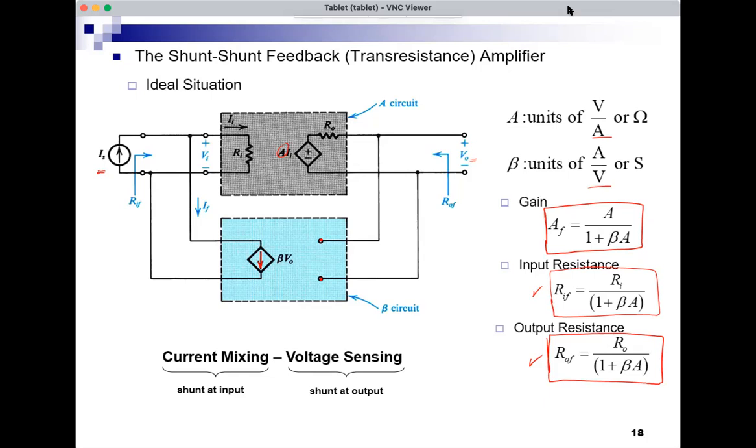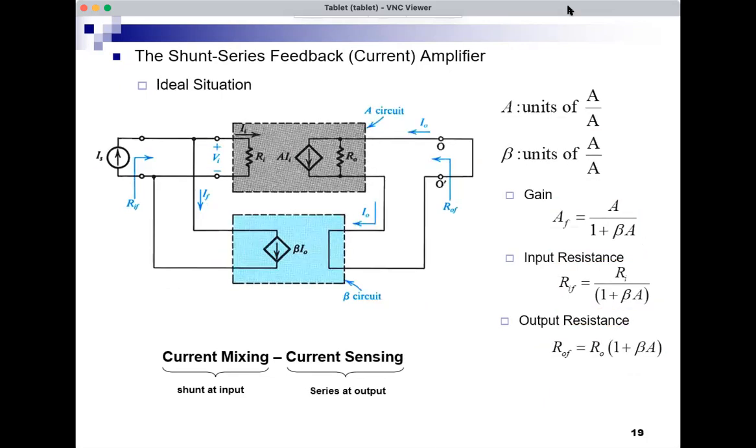The fourth type is the current amplifier, where the input is a current and the output is a current. So A and beta in this case have units of amp per amp. And again, we can show that the gain is reduced. It becomes the original over 1 plus beta A. And this 1 plus beta A divides the input resistance, but multiplies the output resistance. And again here, because the input quantity is a current, the ideal input resistance for an input current is 0.